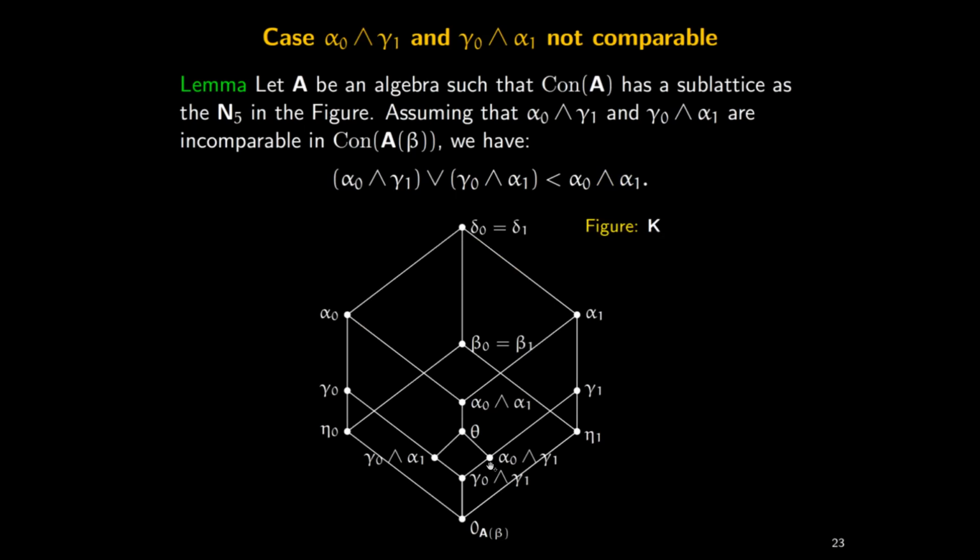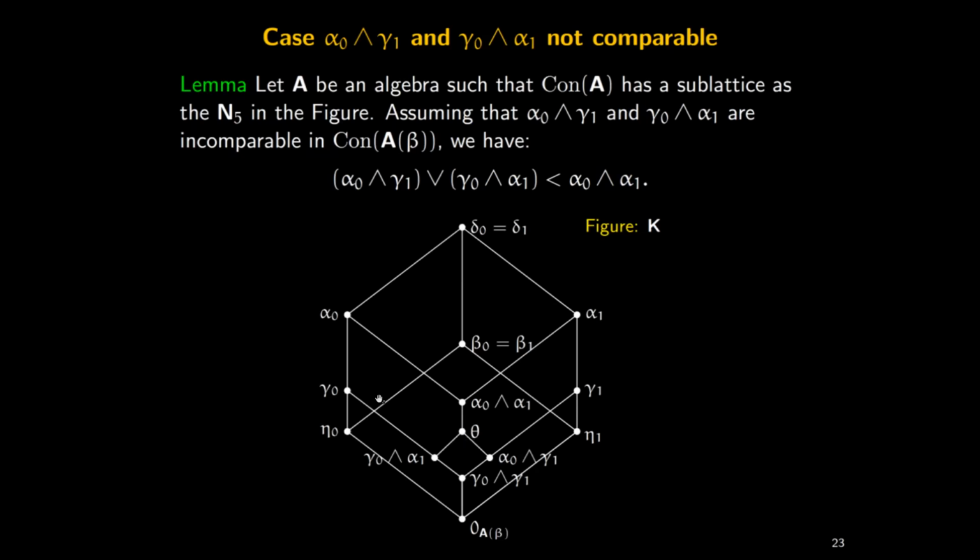And of course, with respect to the M1 that we have seen before, you obtain also the two congruences that are not collapsing. So you obtain this kind of square in the middle that is collapsing in the case of M1. In order to prove that the join and the meet are correctly depicted in this case, it's a bit harder.